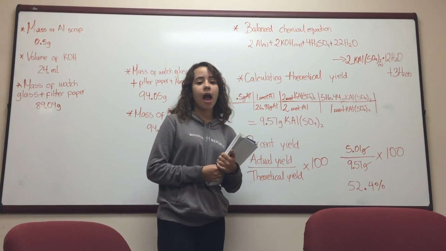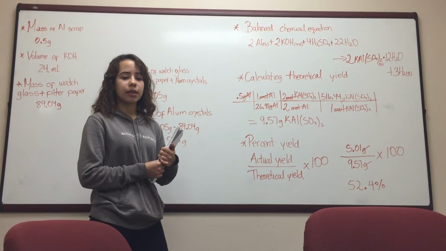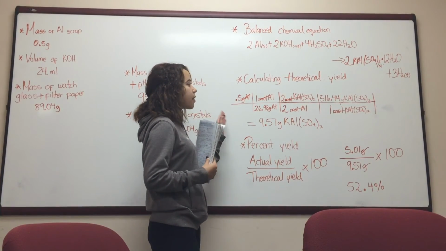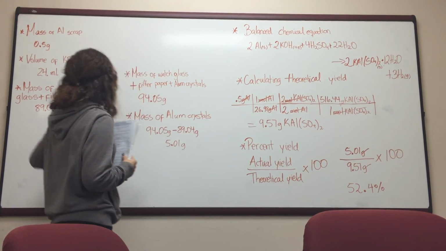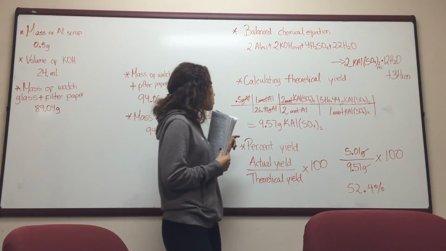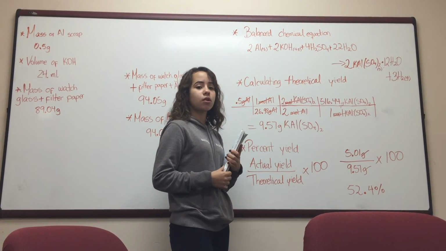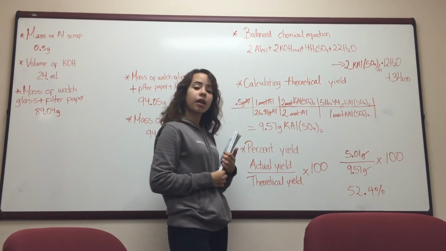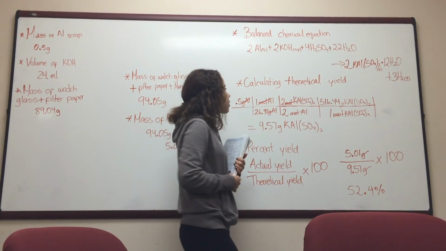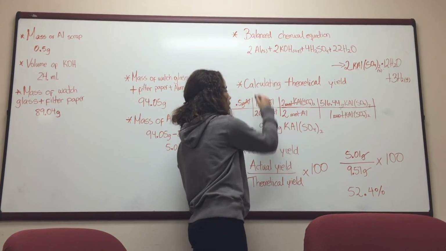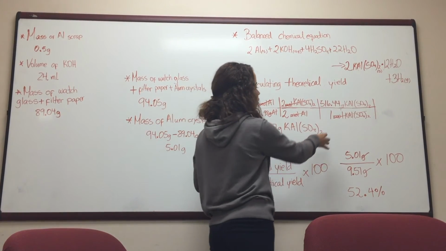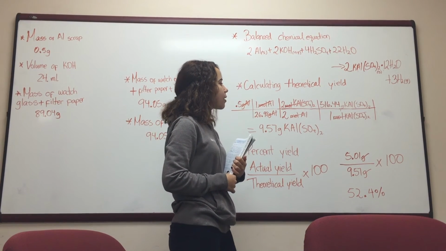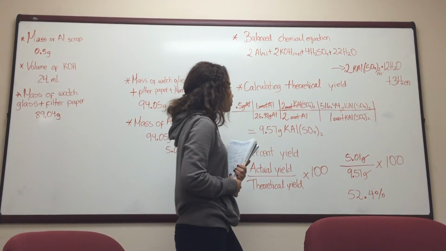Supposing that aluminum is our limiting reactant, we are going to use the mass that we first started with, that was 0.5 grams. Then we're going to use the molar mass of aluminum, which is 26.98 grams. Then we're going to use our balanced chemical equation to convert it to grams of KAl(SO4)2.